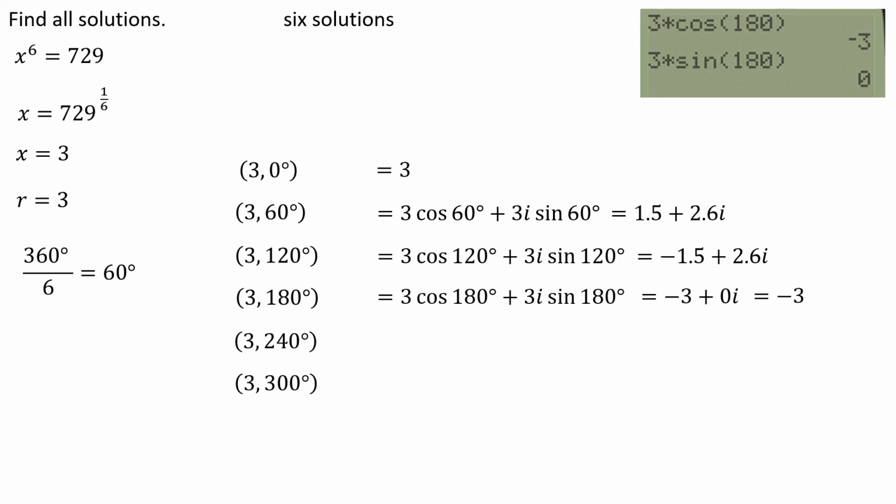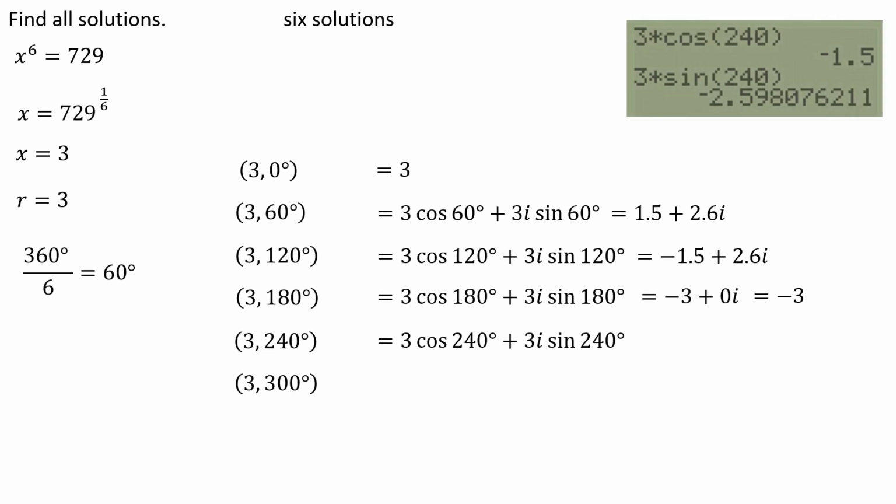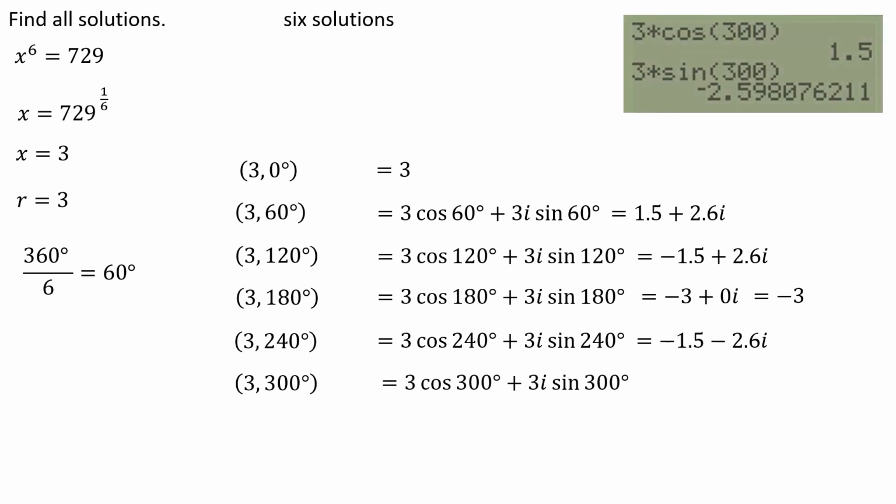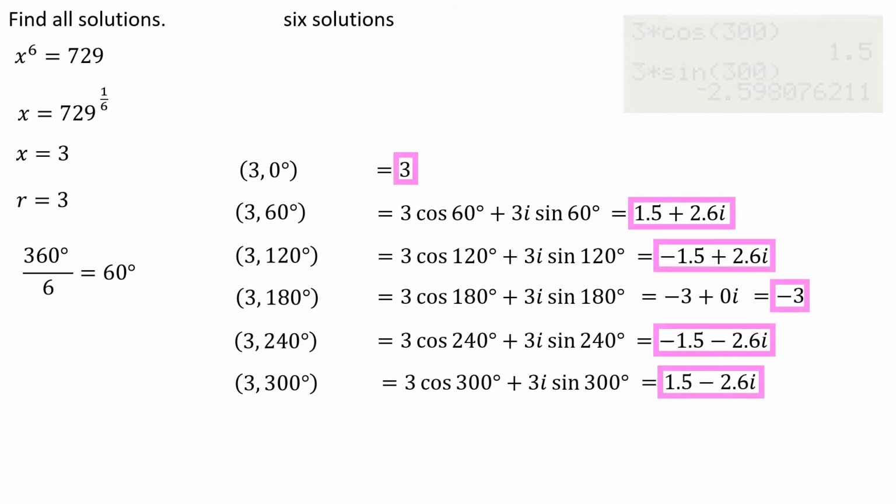Because it's 180 degrees away from our first answer. Hey, how about that? Reusing some numbers again. Of course, pushing buttons on a calculator. And say, oh my goodness, and those are my 6 answers in complex form.